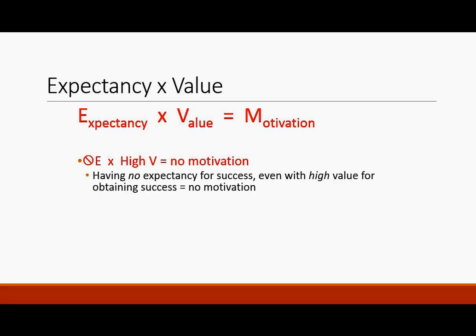Having no expectancy for success, even with high value for obtaining success, we're just going to not even try. We're not going to be motivated. Why should I bother if I can't get it? Even if I'd really love to be a doctor, if I just have absolutely no belief that I can do it, I'm not going to try.